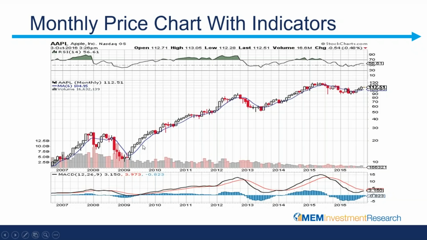And for those of you that are interested, on the monthly price chart, you're going to use a 6-month simple moving average. And here is when I talked about the stock finding support. The stock enters into an uptrend. In other words, is the stock price retaining a position above that upward trending simple moving average? And indeed it is. It's just quite simply, for the most part, bouncing off of that upward trending simple moving average.